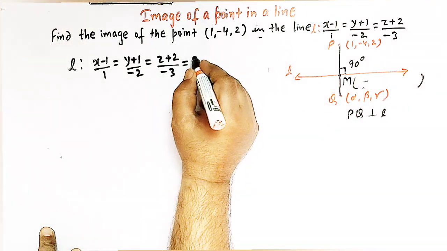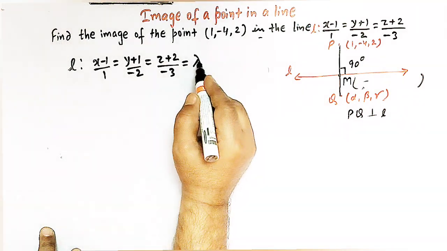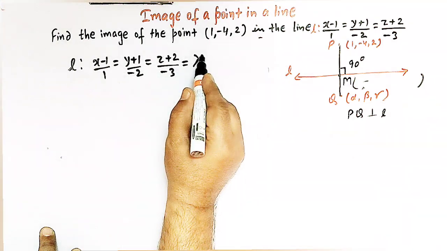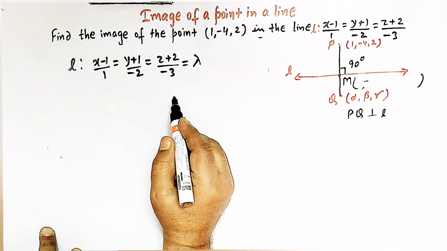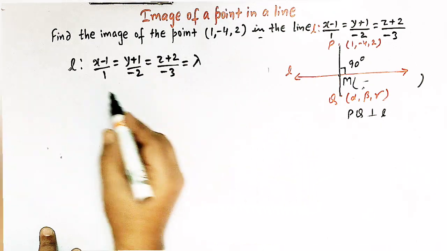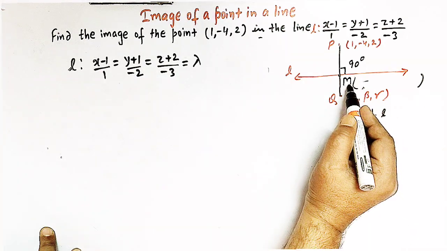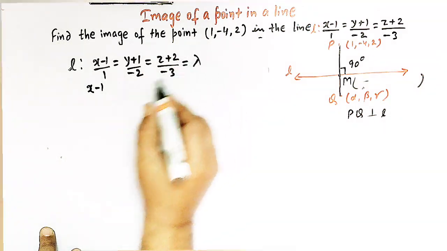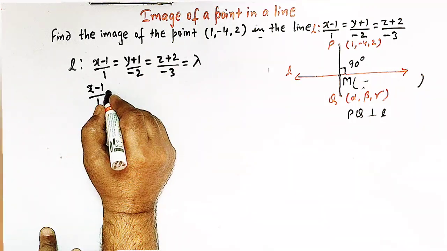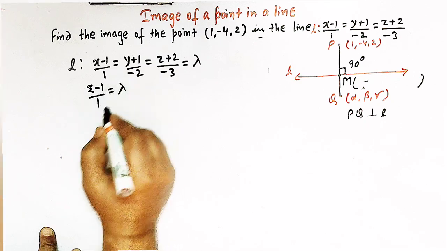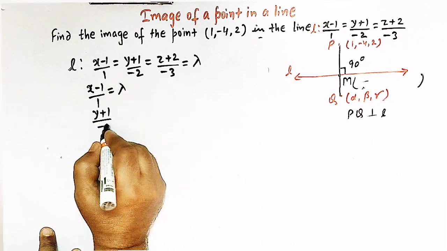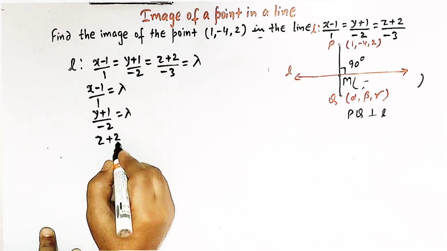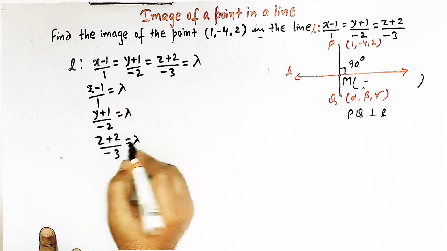So here let us introduce a scalar lambda, which is a real number. Let us use the concept of the general point lying on a line, right? So the coordinates of the point M are now given in terms of lambda. (x - 1)/1 is lambda, (y + 1)/(-2) is equal to lambda, and (z + 2)/(-3) is equal to lambda.